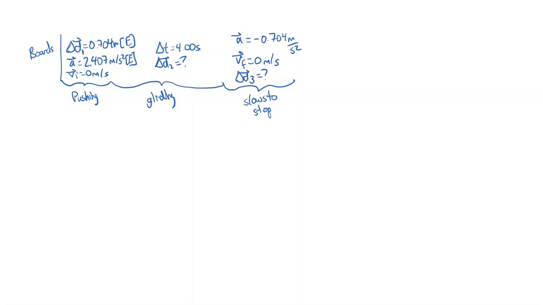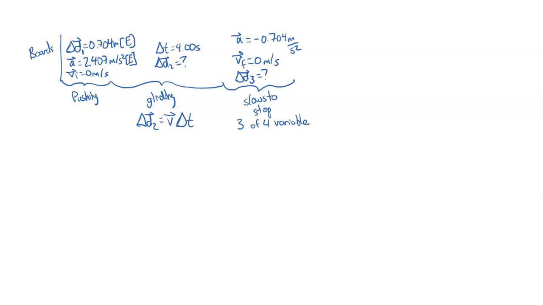Now, the problem here is that I only have one thing that I know in the gliding part, and we know that there's no acceleration, but we do know, in terms of moving at a constant velocity, that the displacement is equal to the velocity, whatever the velocity is, times the time. And we also know over here that it's going to be accelerating, so we need to use something that gives us 3 of 4 variables.